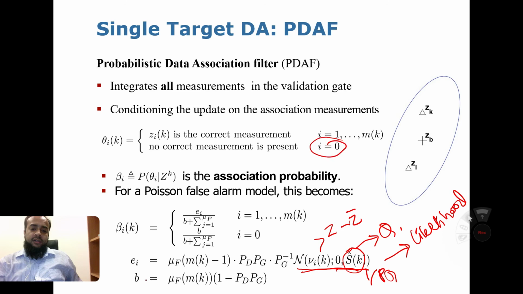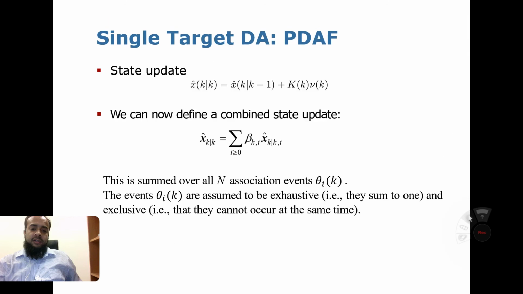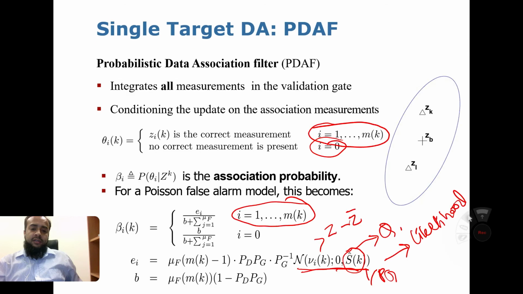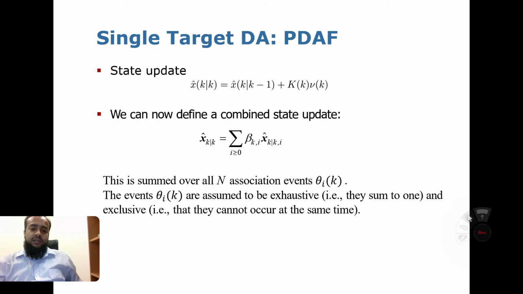Then this beta association equals the clutter measurement density times 1 minus P_D P_G. So the data association probabilities are calculated for only the selected measurements. The first step is initialization, then creating the validation gate, then calculating the association probability, and then the state update like this, and we can now define the combined state update.